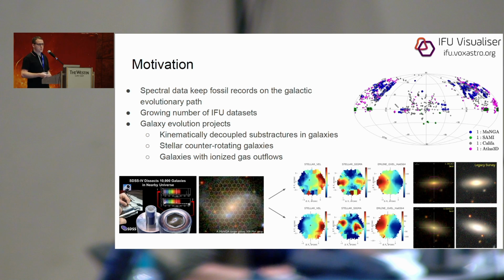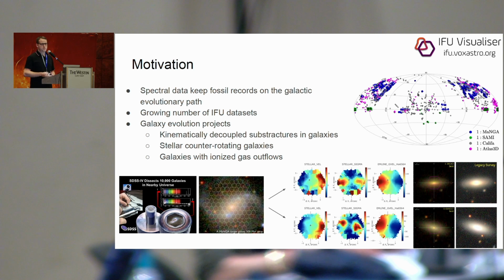In our group, one of the main directions of research is galaxy studies, and I personally am interested in different aspects, like searching for and studying galaxies with kinematically decoupled structures, stellar counter-rotation, and galaxies with large-scale outflows.